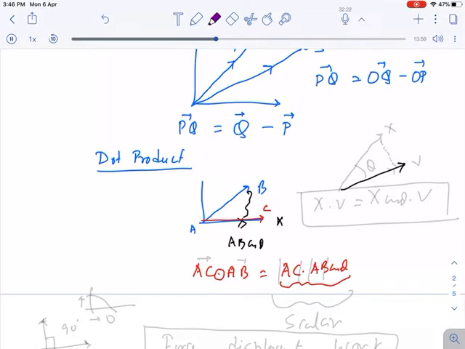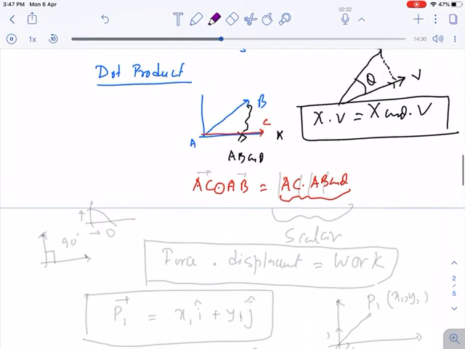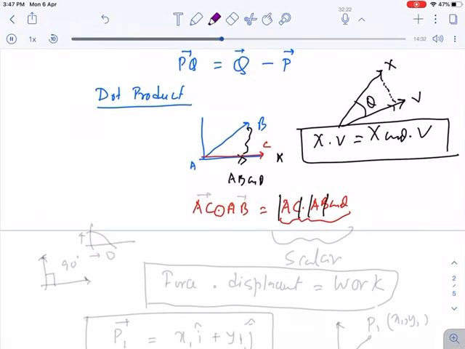If this is a vector V, this is a vector X, then I have to drop a projection of X on V, on the direction of V, and then multiply it. So if this is theta, then X cos theta is the projection, into V, will give the dot product of X and V, or we can call it XV cos theta, or that is AC into AB cos theta in terms of magnitude.